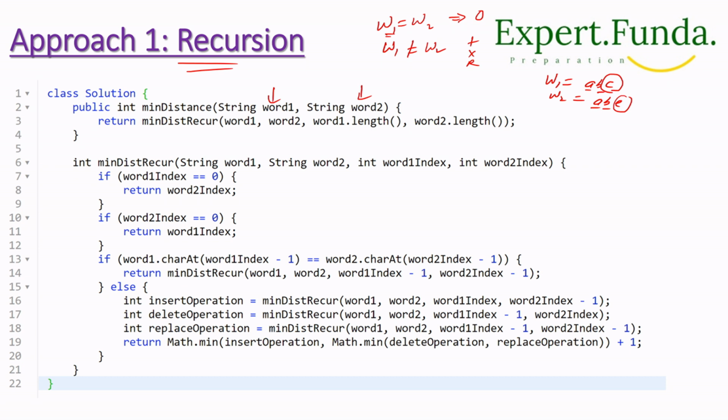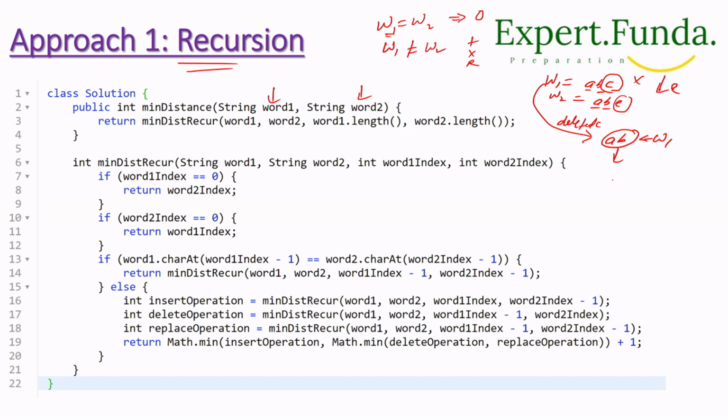First, we will delete C from word 1, and then we will insert E. After deleting C, word 1 becomes AB.